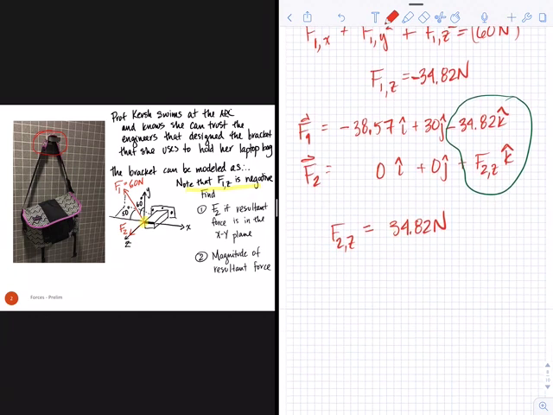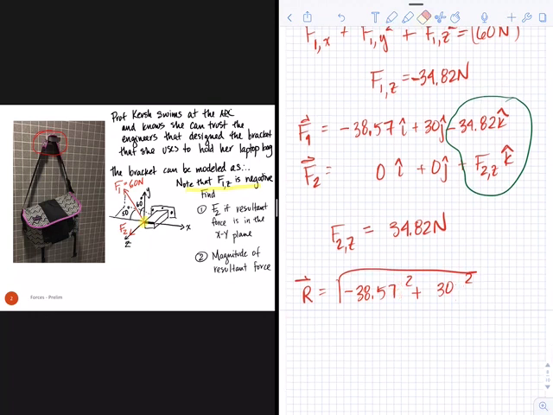So there's F2. And now what is the resultant magnitude? So R is basically just the x and y, minus 38.57 i hat plus 30 j hat, squared, square root. So we really just need these magnitudes. And you should come up with that R is equal to 48.9 newtons. There you go.